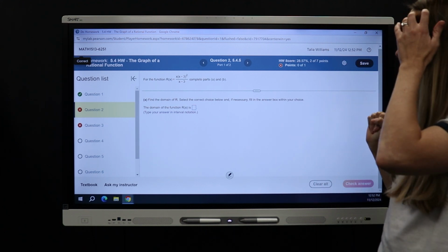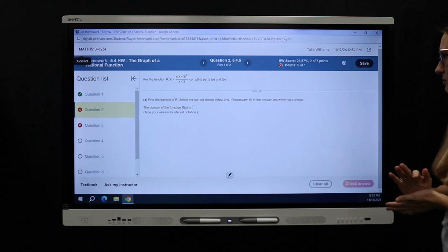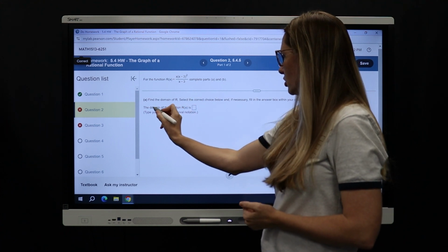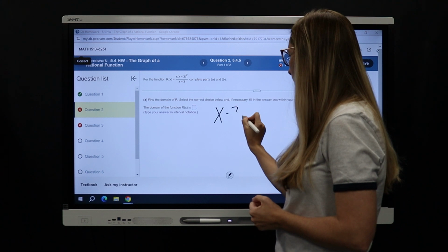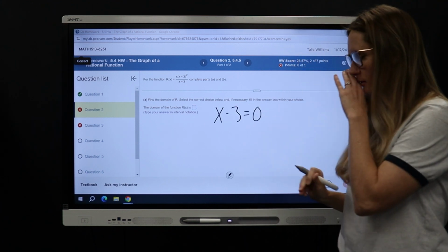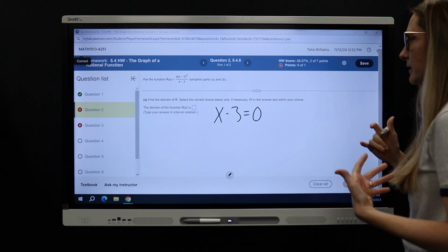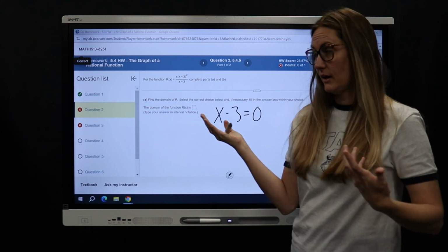Find the domain of R, select the correct choice below, and if necessary, fill in the answer box with your choice. So when we're finding our domain, we take our denominator, because remember our domain is where our graph is undefined. Solve to figure out what would make that be 0, because if 0 is in the denominator, you can't have 0 there, that makes it undefined.